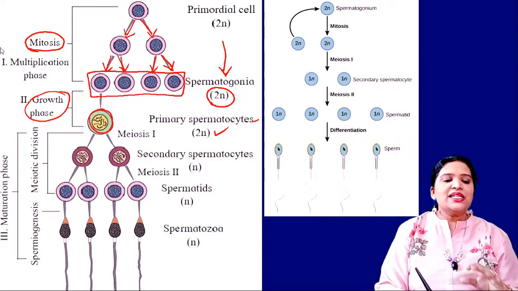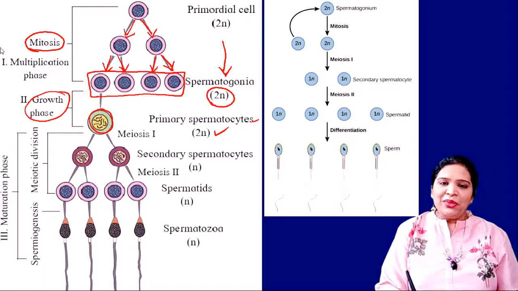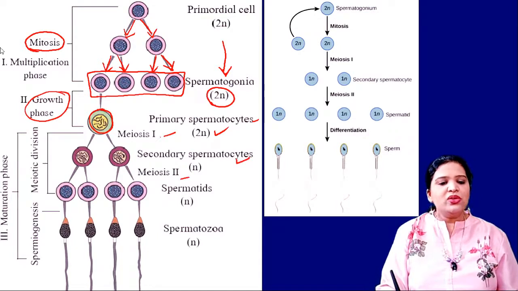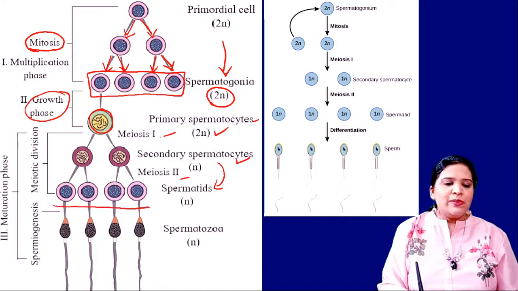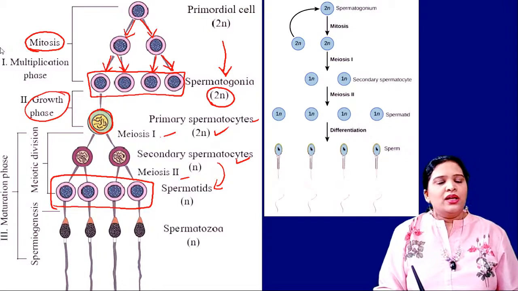Now occurs the third phase, called maturation phase, where this primary spermatocyte undergoes two meiotic divisions. So after the first meiotic division, they become secondary spermatocytes, and after the second meiotic division, they become spermatids. So this is the end of the three phases.